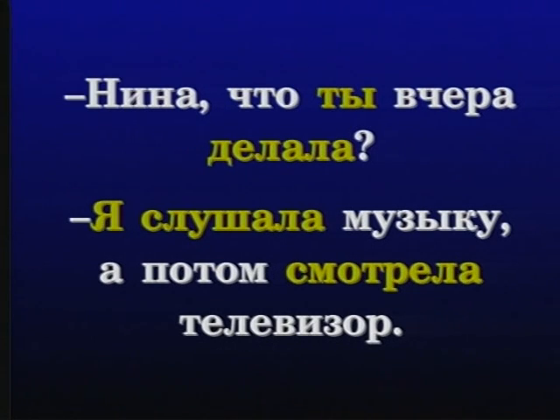Я слушала музыку, а потом смотрела телевизор. Now all the verbs in this dialogue are feminine verbs because Nina is a girl, right? The gender of the past tense verb agrees with the gender of that person.